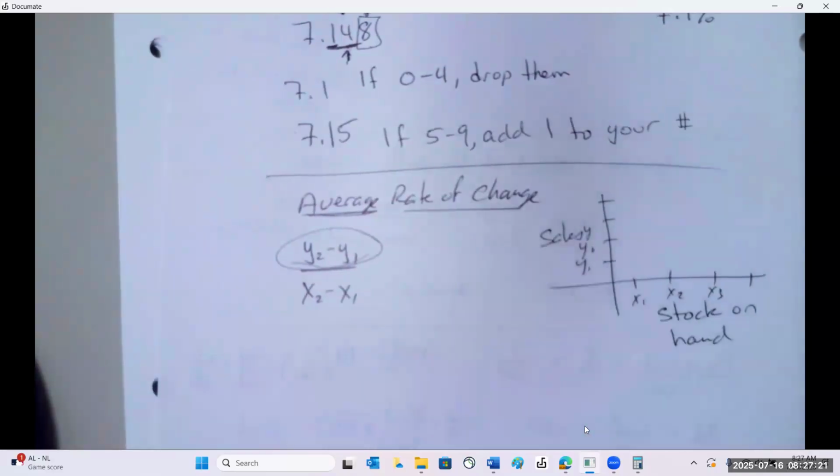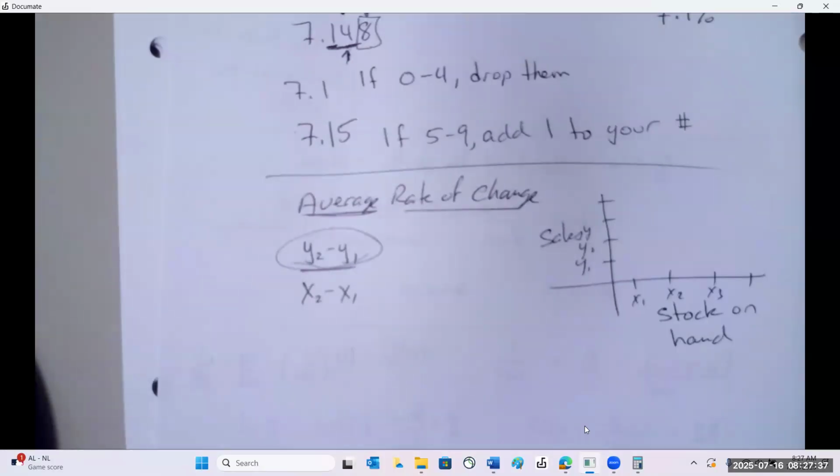Rate of change. Why is it called a rate of change? It's what? Escalation. Yes, or a declination or escalation.